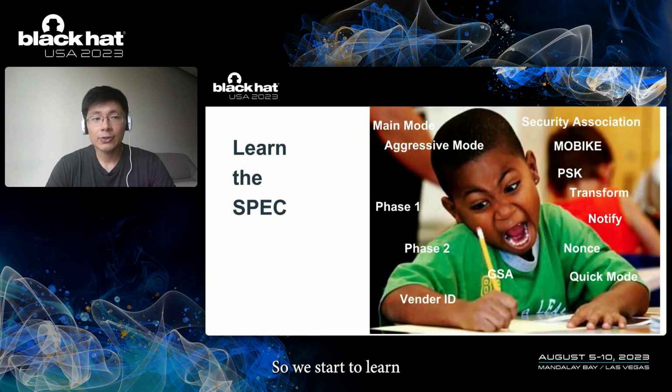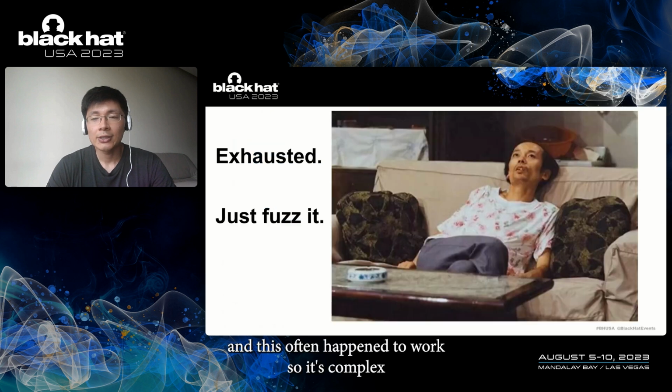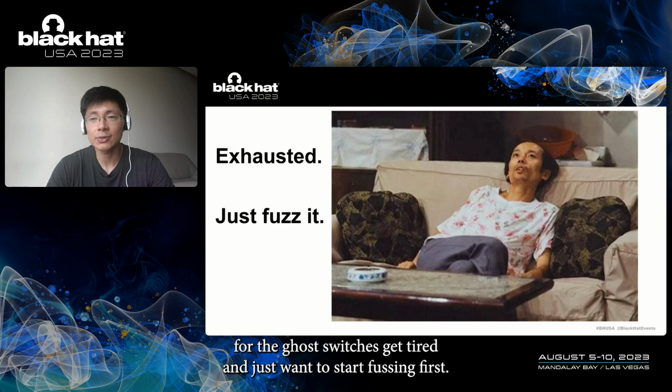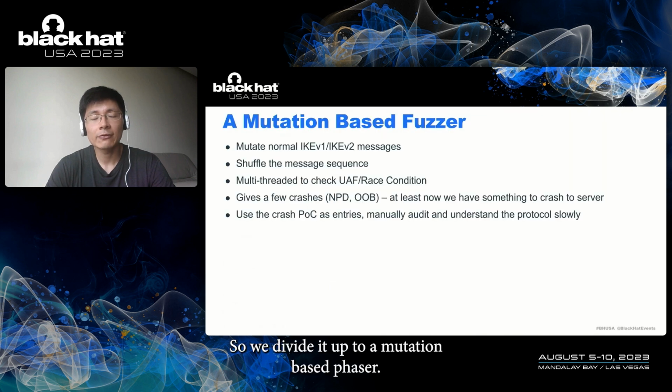So we started to learn the spec of the IKE protocol, and this often happens when we research complex protocols. We just get tired and just want to start fuzzing first. So we developed a mutation-based fuzzer.